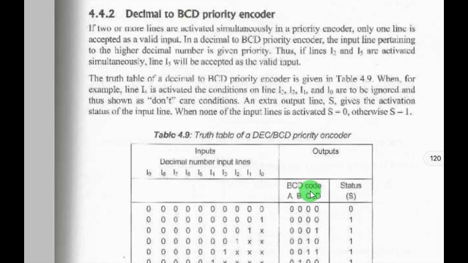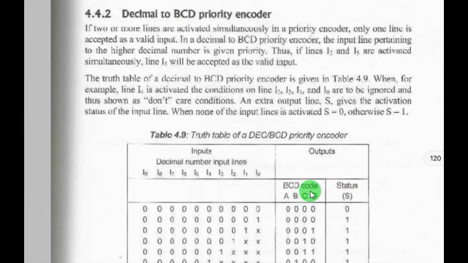Let me pause before I say what I want. So we are talking about the decimal to BCD encoder. You remember something that we said about BCD? We said BCD code has how many possible outputs? 0, 1, 2, 3.